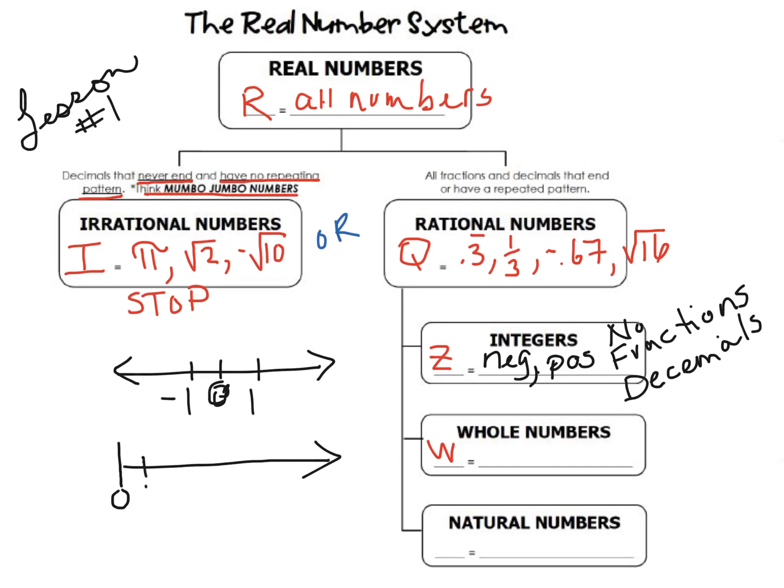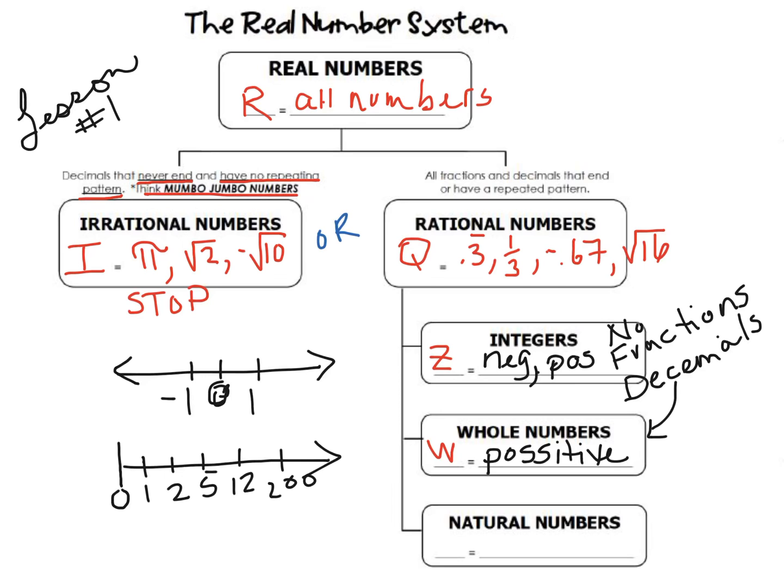So it might be 1, it might be 2, it might be 5, it might be 12, it might be 200, okay? But it is all positive numbers. Again, it should not include fractions and it should not include decimals. Okay.